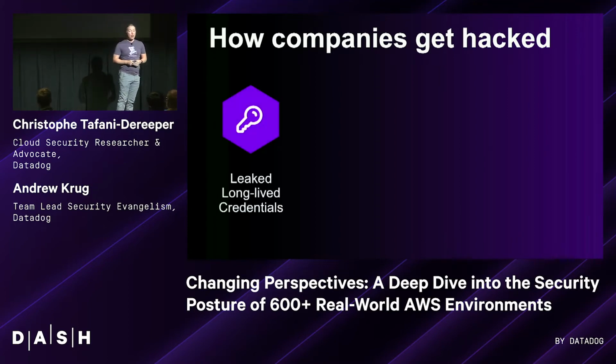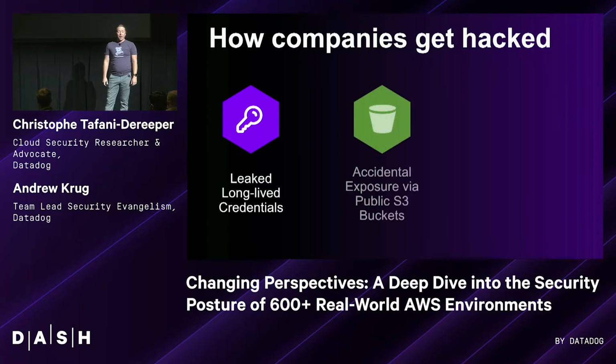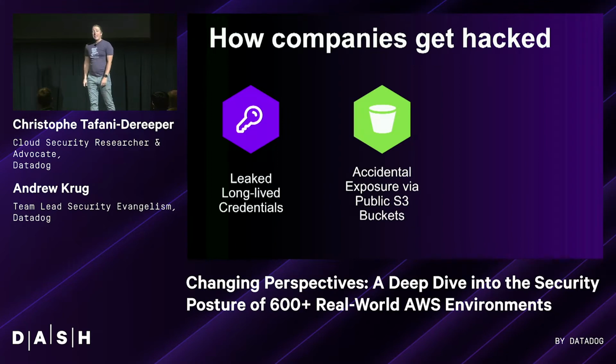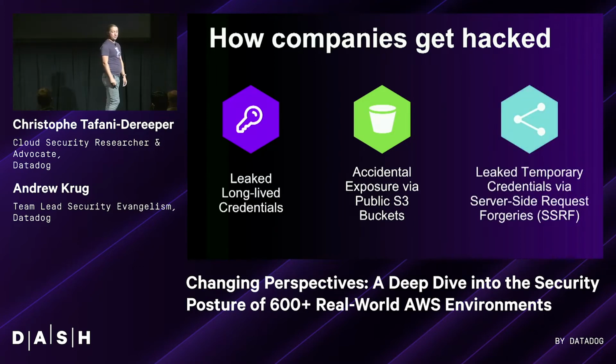Leaked access key pairs through any number of means, phishing, accidental commits, etc. An accidental data exposure via a misconfigured resource like a public S3 bucket, or my new favorite, SNS and SQS topics, or a leaked temporary credential via a server-side request forgery in one of the applications that you run on a system inside the cloud.